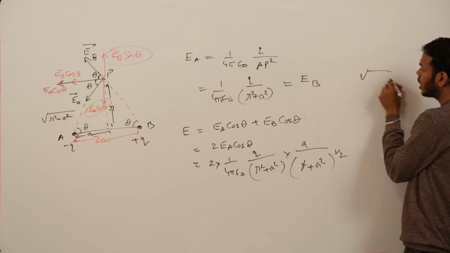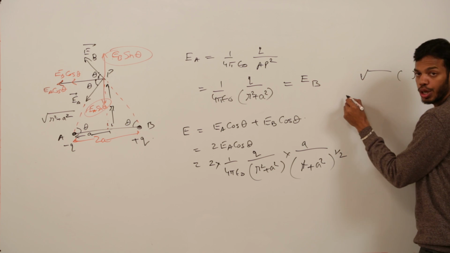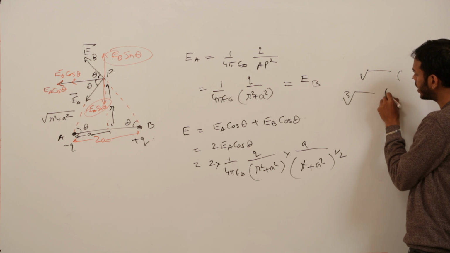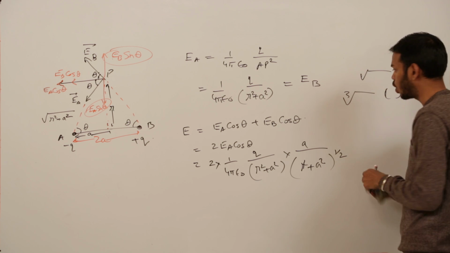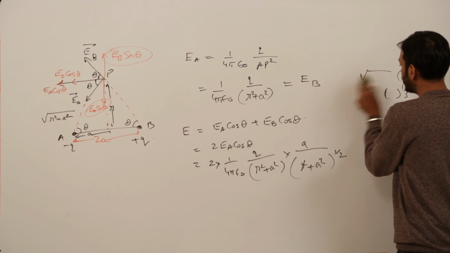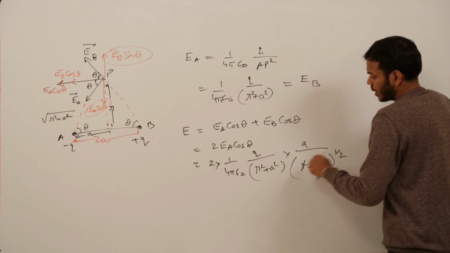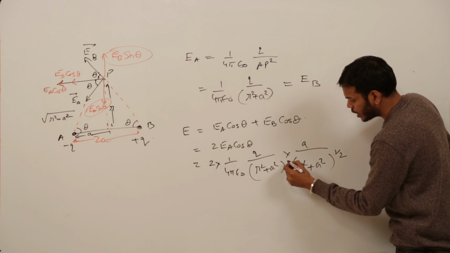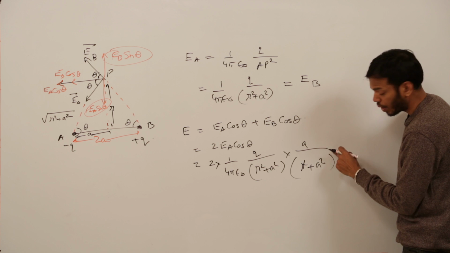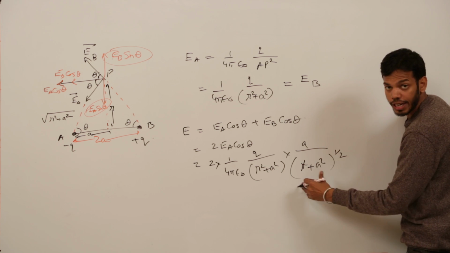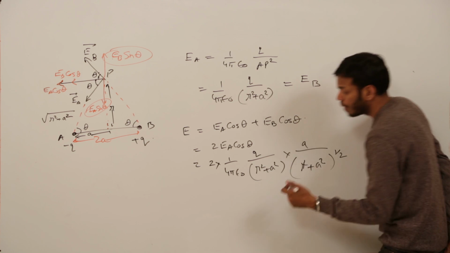Under roots are represented by power 1 by 2, cube roots by power 1 by 3, and so on. This is the basic representation. This R square plus A square is raised to power 1, and this is 1 by 2. So ultimately in the denominator it will be 1 plus 1 by 2, which is 3 by 2.